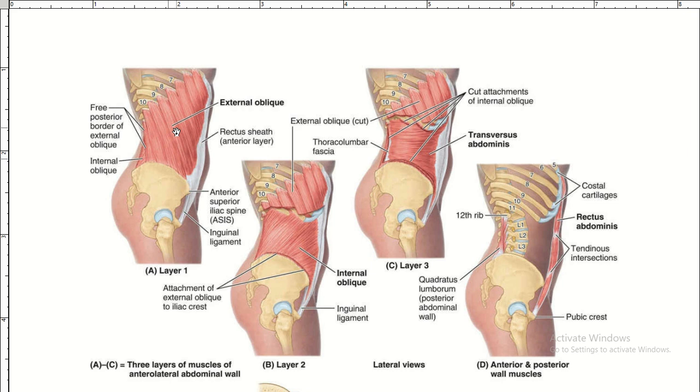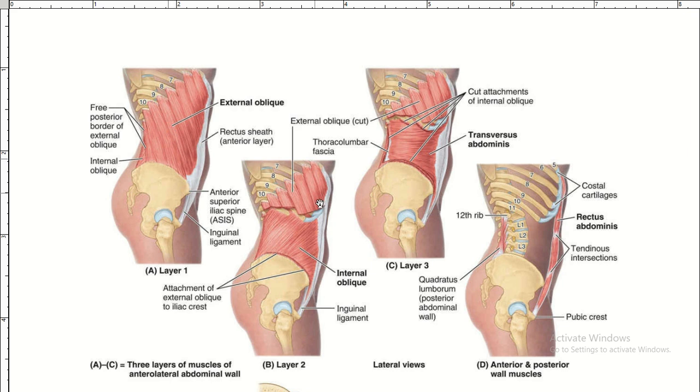So they are going to supply these muscles, together with the first lumbar nerve, L1. L1 gives two terminations, the iliohypogastric and ilioinguinal nerves, which supply these lateral abdominal muscles.